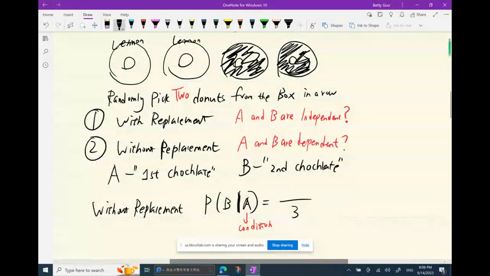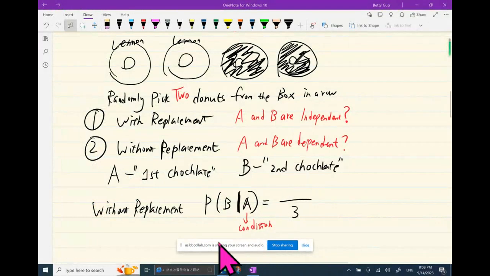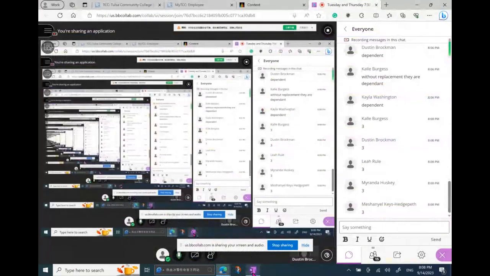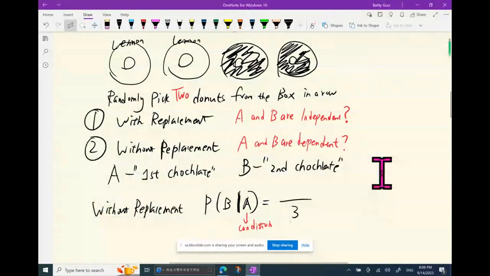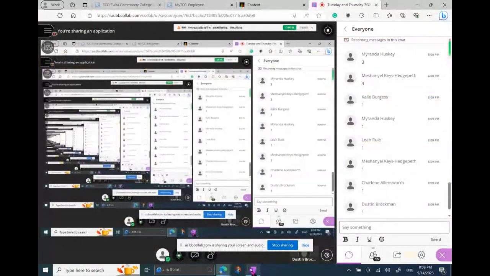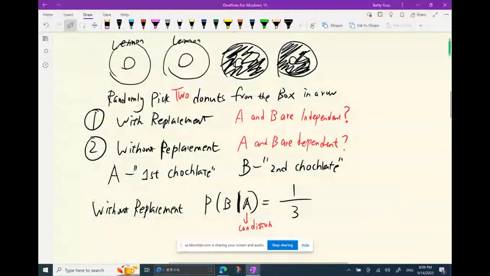Your sample space shrunk. Your sample space was 4 donuts, but now it becomes 3 donuts. Among the 3 donuts, how many of them are chocolate? 1. Awesome. You guys are great. So the probability is 1/3.